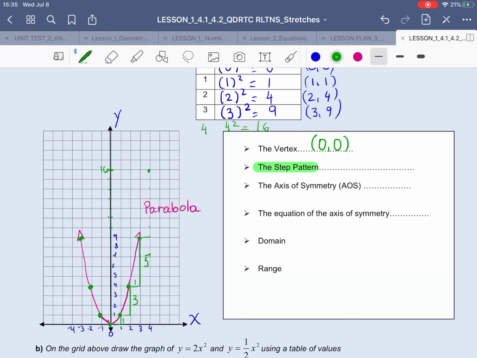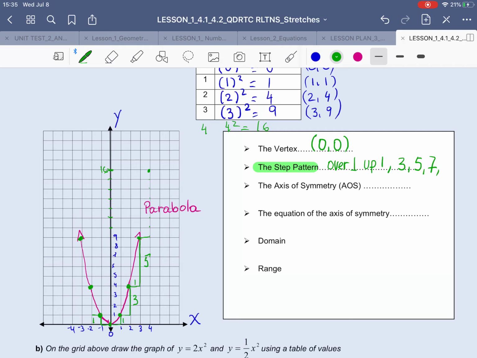So the step pattern, we're going to say, every time you go over 1, you go up 1, 3, 5, 7. So you just follow all the odd numbers. The same thing happens when we move on the other side of the parabola.